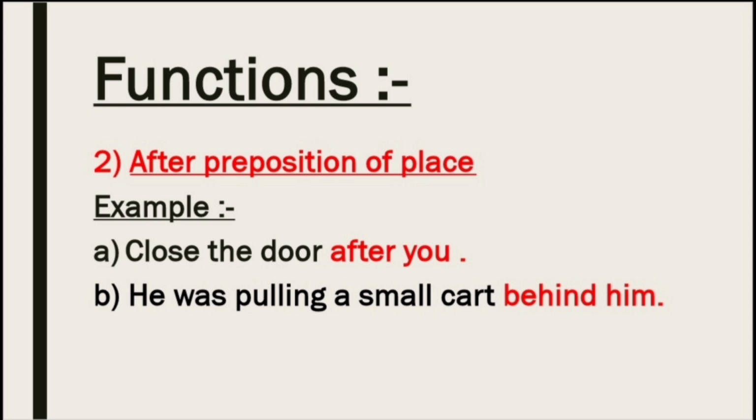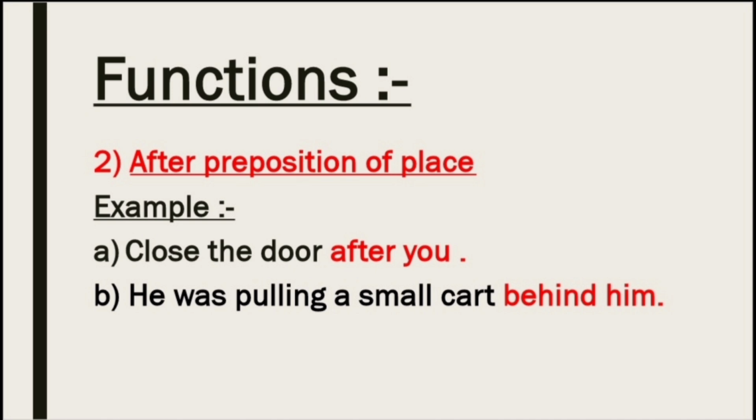The next function is that it is used after prepositions of place. After prepositions of place we often use a personal pronoun like me, you, etc., if the meaning is clear without using a reflexive. Example: close the door after you.